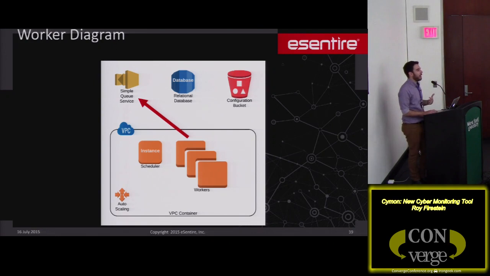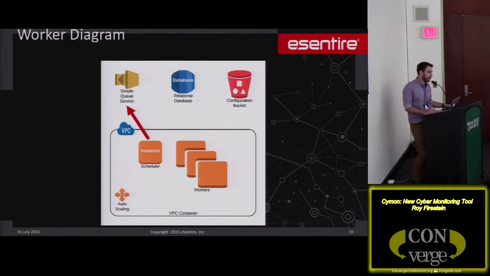It pulls down the next 5 jobs in line and starts processing them. When that's done, the final results get saved to the database, and then it's all ready for consumption. Once that's done, it goes back to the queue and pulls more down.